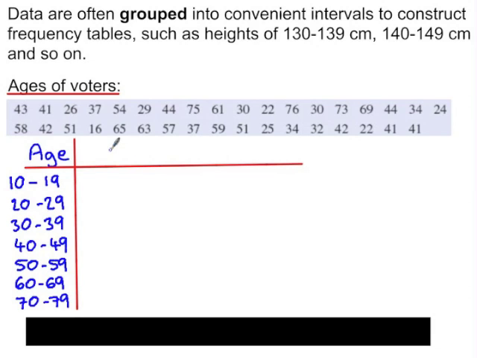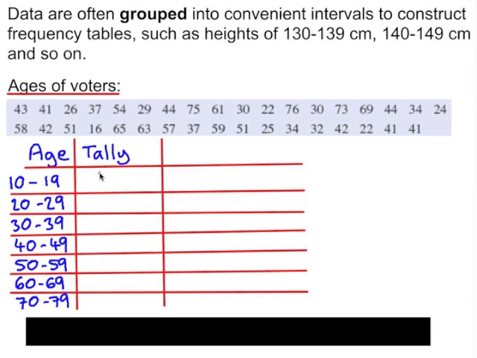And it's usual to collect this sort of data using a tally system. So as the people arrive, we ask them their age. The first one is 43, then 41, and so on.